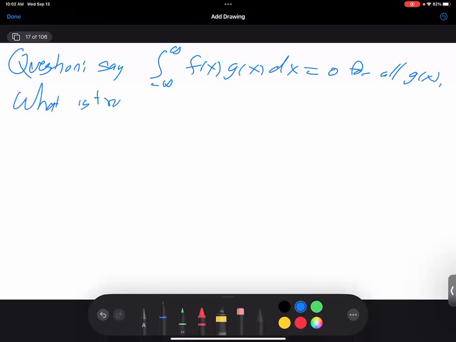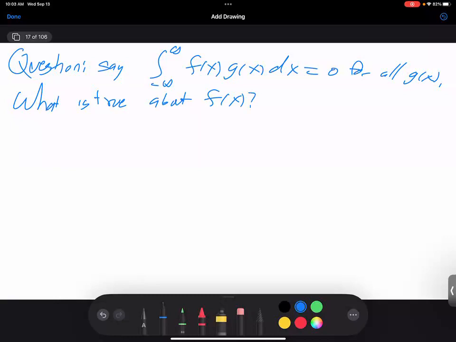What is true about f of x? Any thoughts about what might be true? Can you think of any functions that might satisfy this?